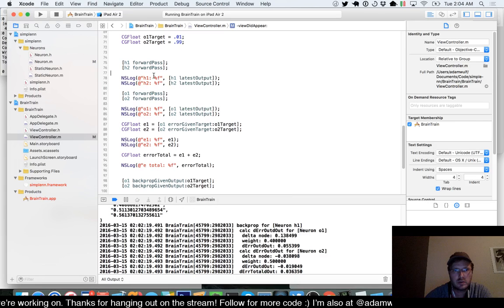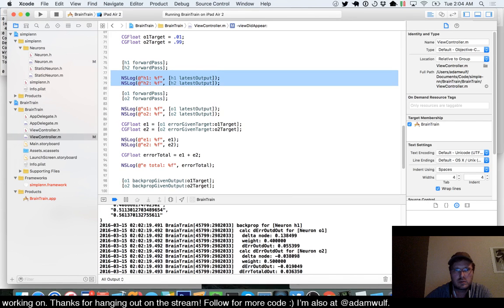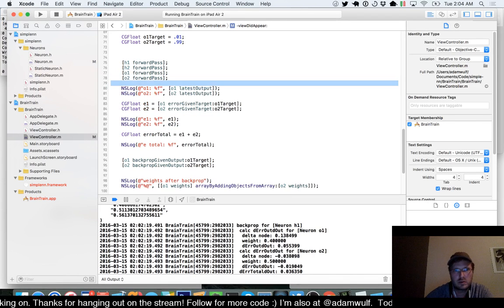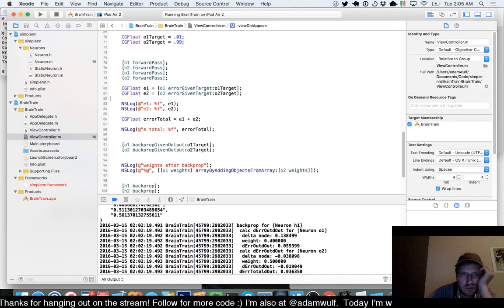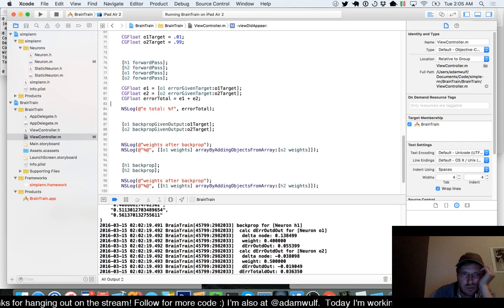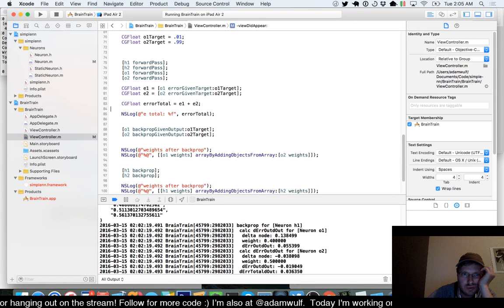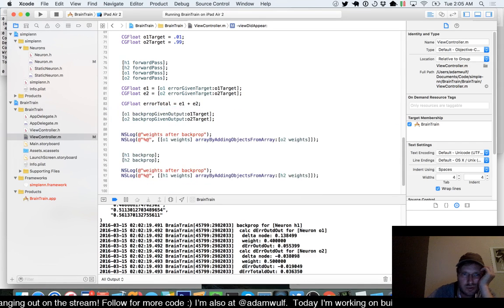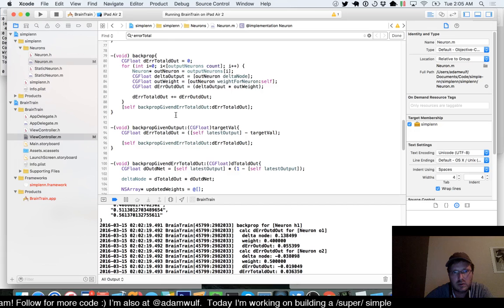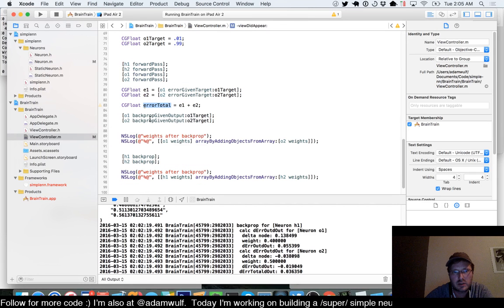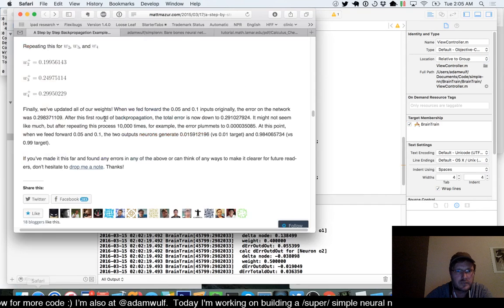And here, E1, E total. That given target output. Right, so this error total, we don't actually use anywhere. It makes me a little nervous.